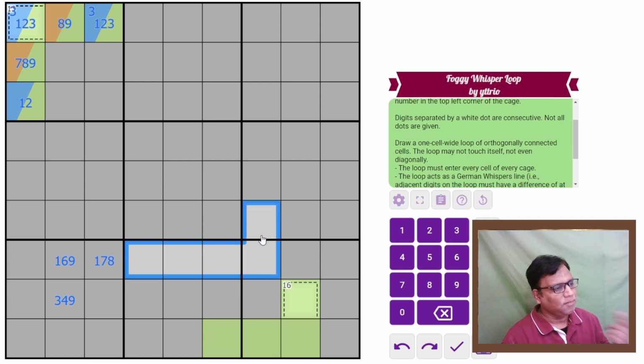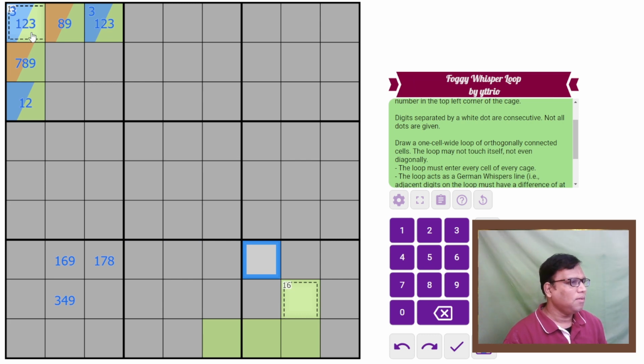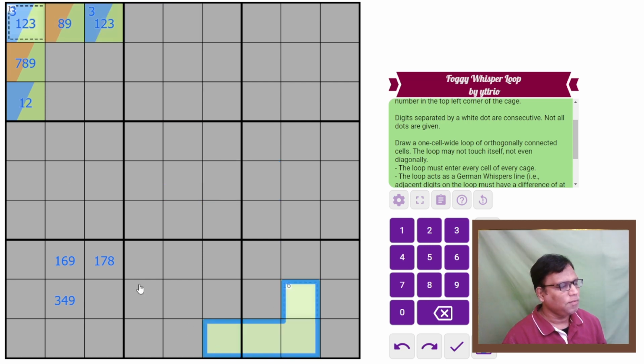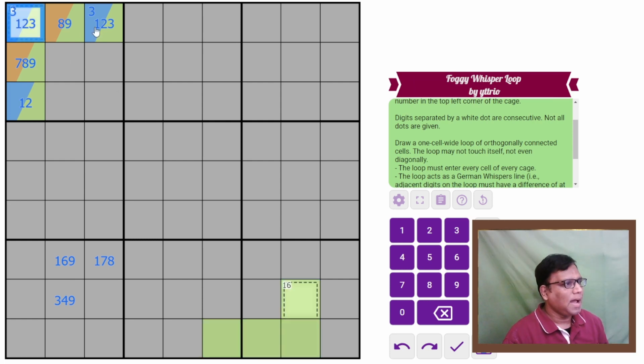So as and when you are revealing the clues, the clue itself will contain the green line. This is German whisper. But the main principle there, and I think it's the same here, is that it's a loop, right? So whatever the way the loop goes, it will be connected. So all these cells will be connected to each other, and that means this high low will be repeated here.